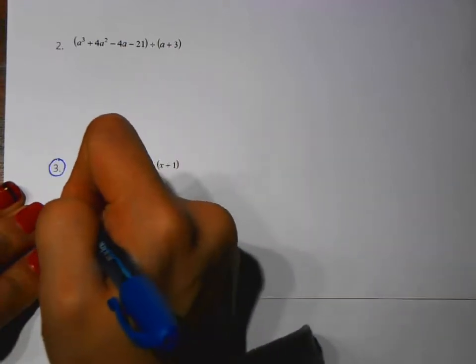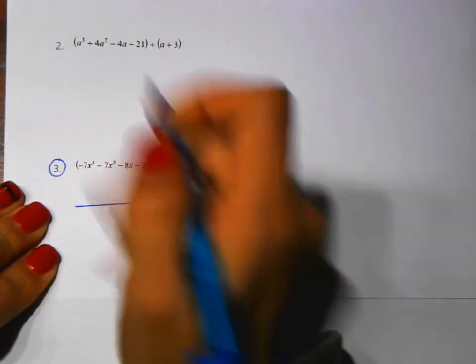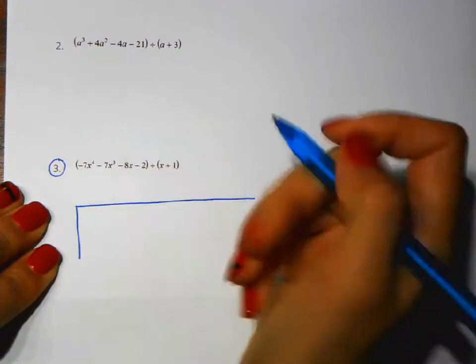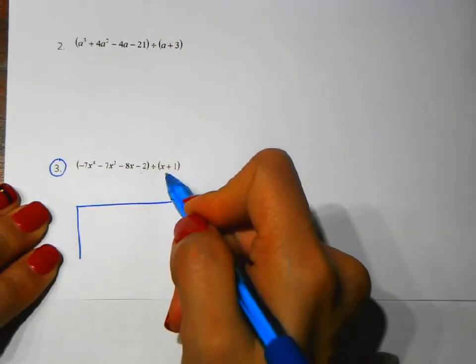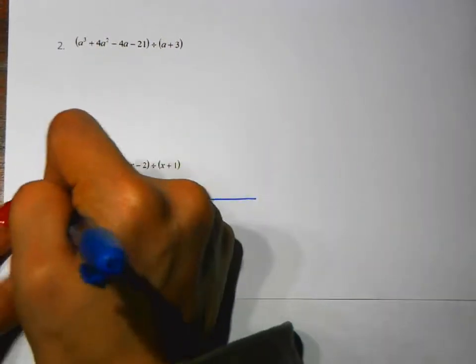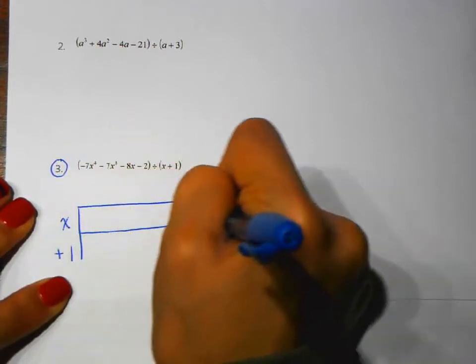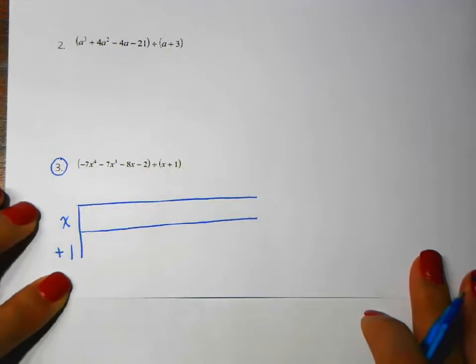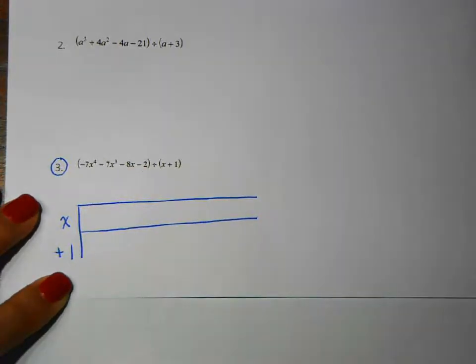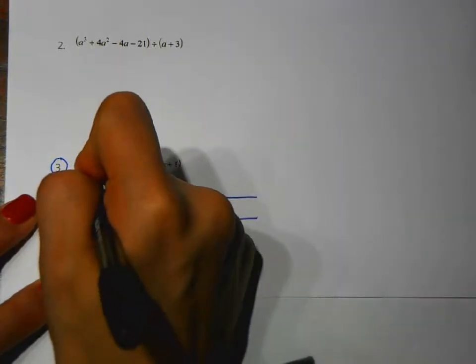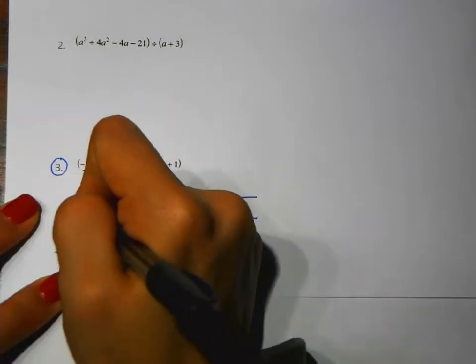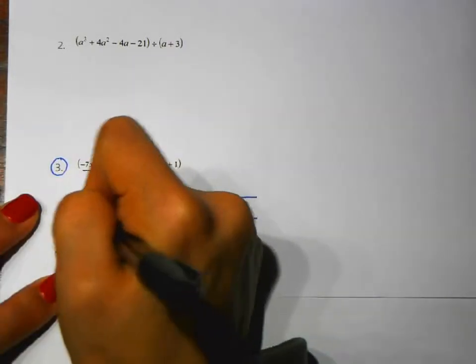The first thing I do is draw my array model. I know that it's divided by x plus 1, so my x plus 1 goes out onto the side, on the outside. I know that the first term is negative 7x to the 4th, and that goes into the first box.